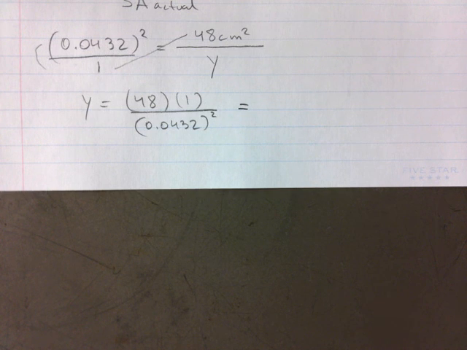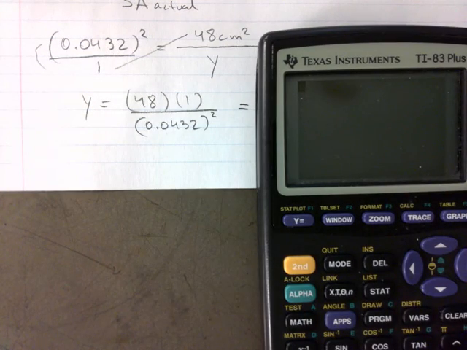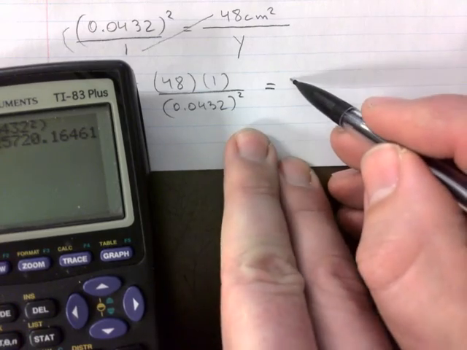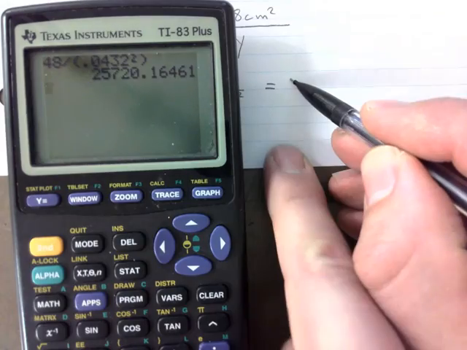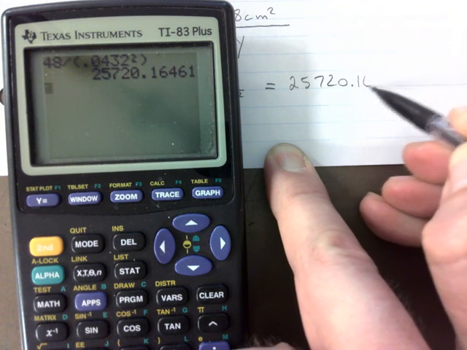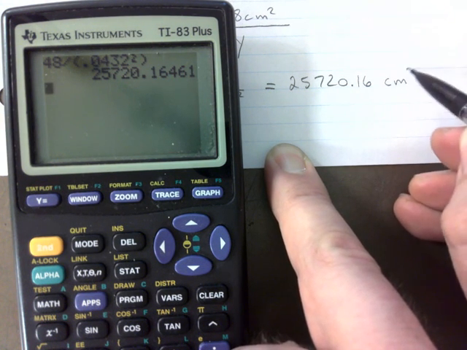I encourage you to practice how to type this in. So it's 48 divided by, I use brackets, watch. 0.0432 squared. I close the brackets so that I make sure only the denominator is squared. And so that is what you're expecting. And you are expecting a bigger surface area. 25,720.16, and we are in centimeters squared.